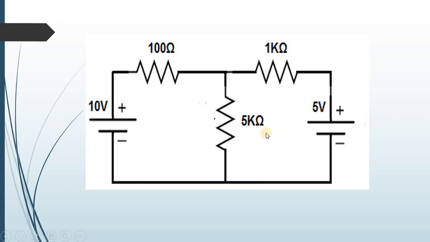Now we have two currents, due to the 10 volt battery and the 5 volt battery. The sum of these currents is the total response of that 5 kilo ohm resistance, and this is the superposition theorem. This current we can find using different methods, KVL, KCL.